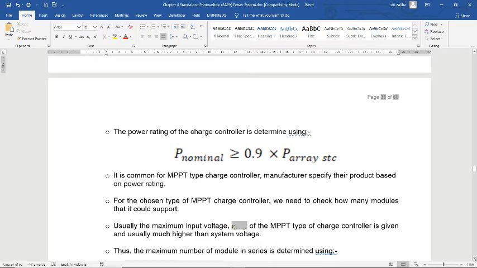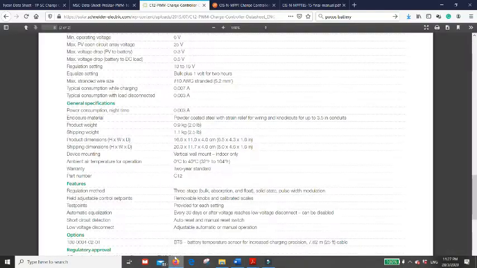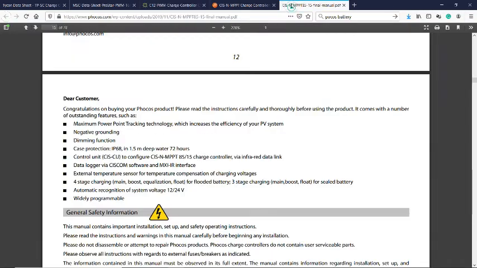So let's see one example of the MPPT type charge controller. Okay, this is an example, POCOS, POCOS CISN MPPT 85.